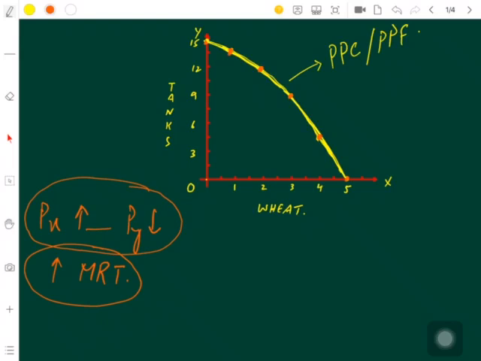In order to answer our basic three questions, this is what is required to do. The production possibility curve offers various options to the society.